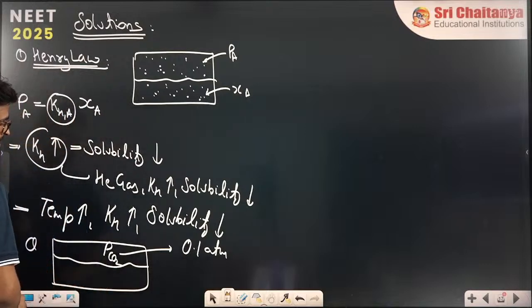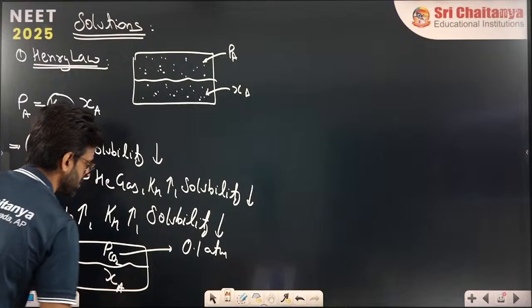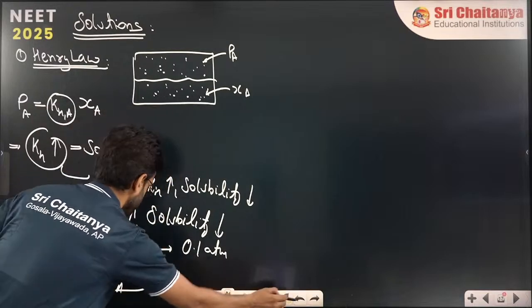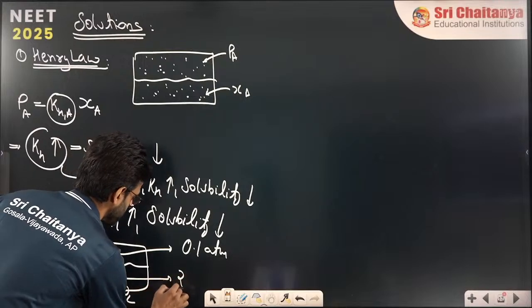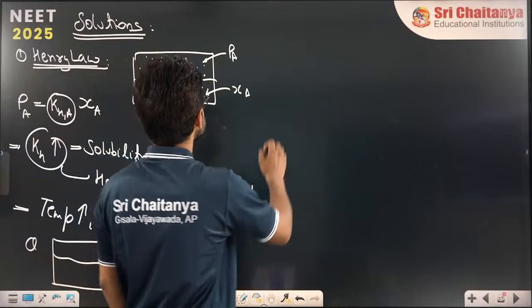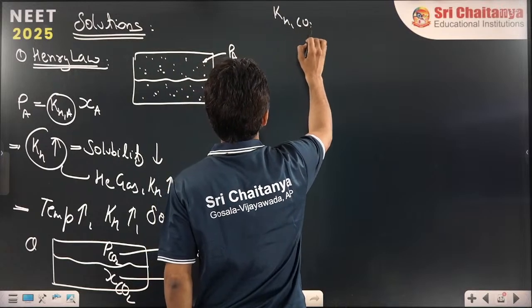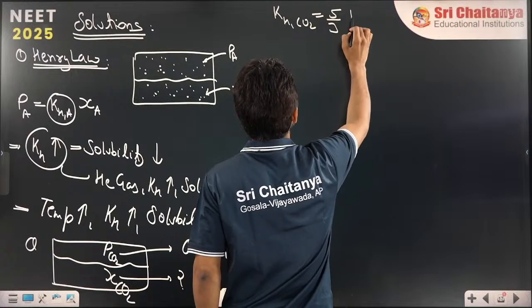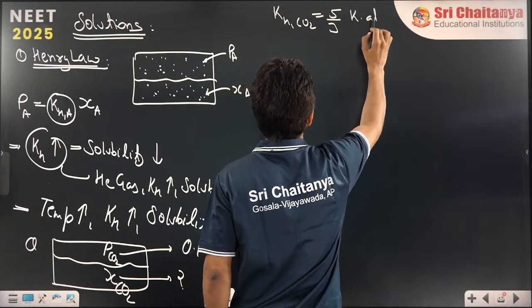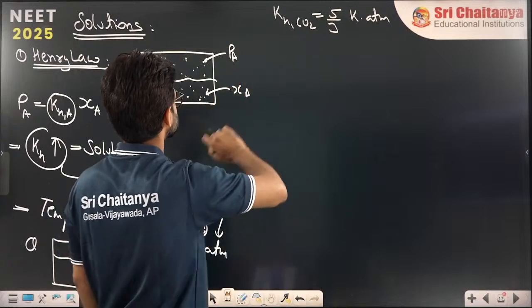And they're asking the mole fraction of CO2 in the solution. This is our question. And what is given to us? They have given that the Henry constant of CO2 is 5 by 3 kilo atm. I am saying kilo atm. So be careful, it's kilo atm, not just atm.